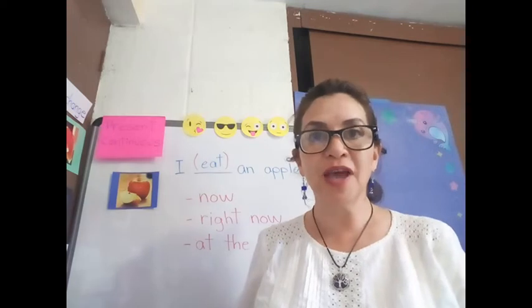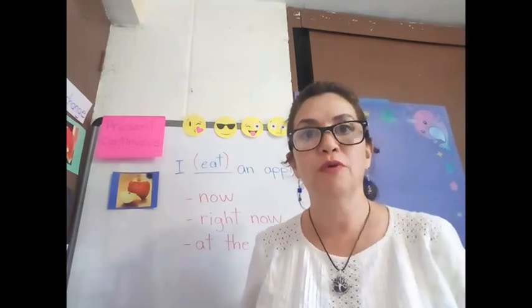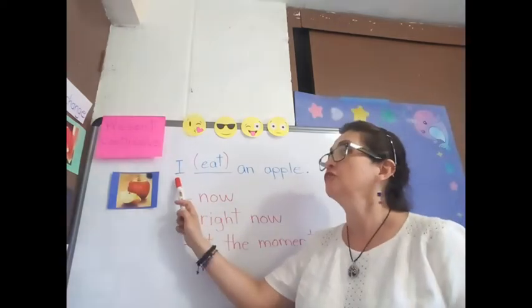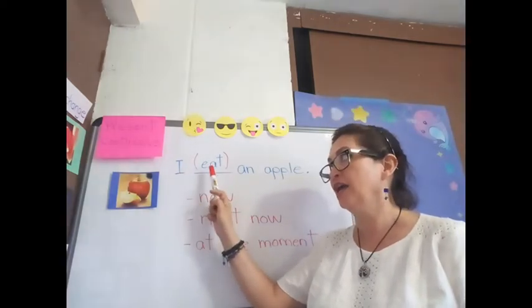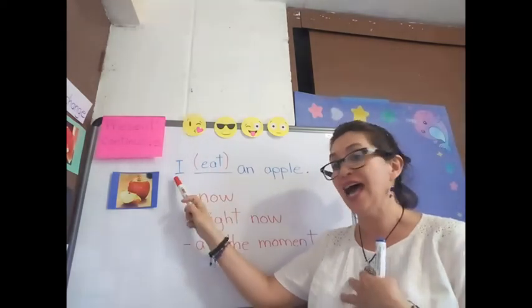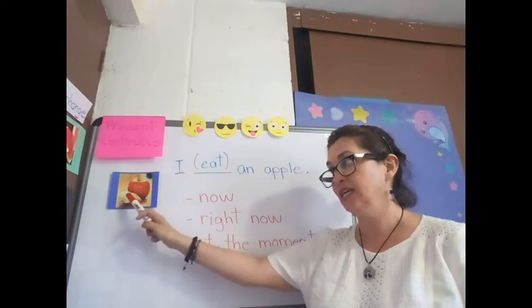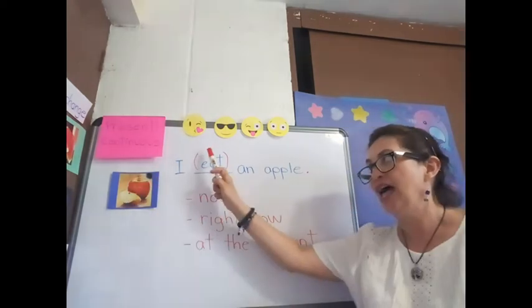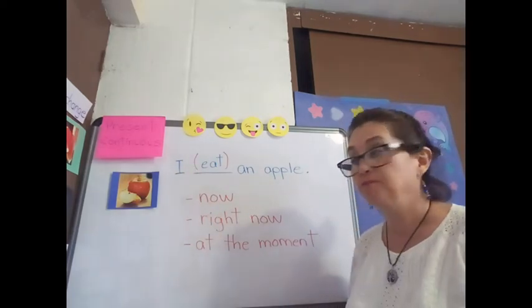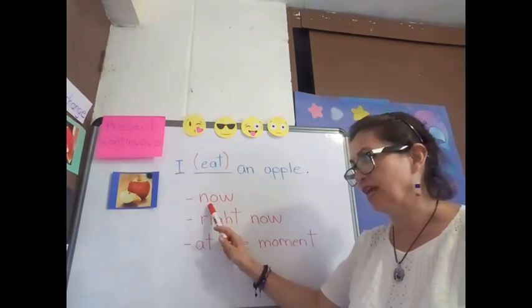Let's see some time expressions you can use when you are speaking in present continuous. For example, we use the verb eat in present continuous form. I am eating an apple. But we can use time expressions like now.